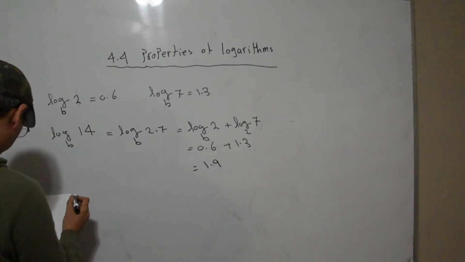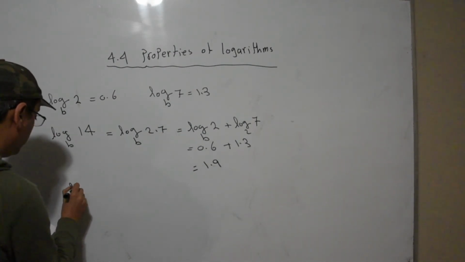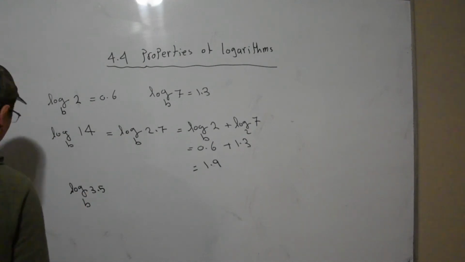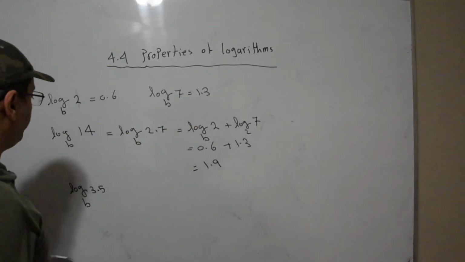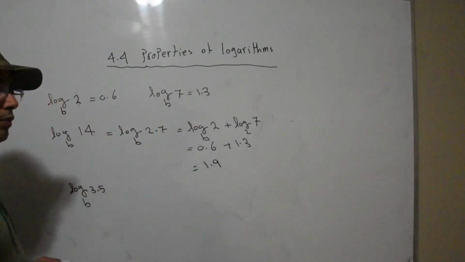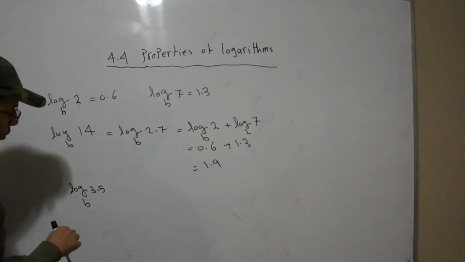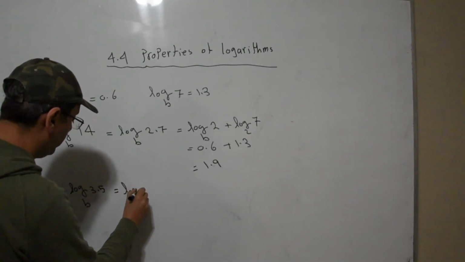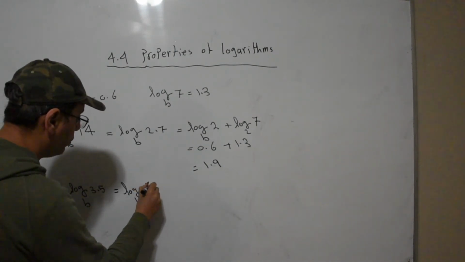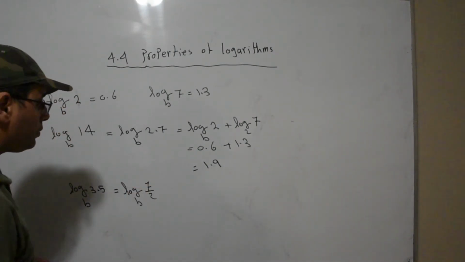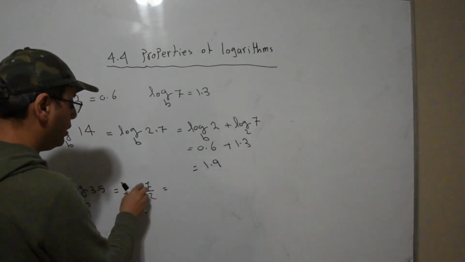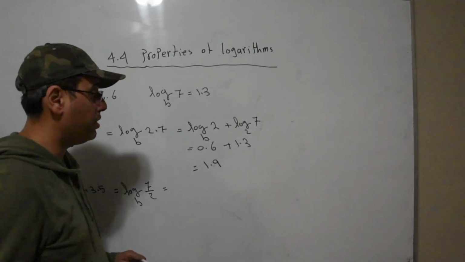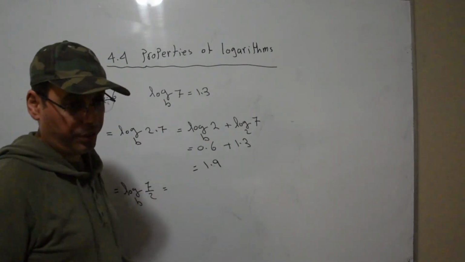One more example. I have log base b of 3.5. I don't know what to do with 3.5 here, but I know that 3.5 as a fraction is 7 over 2. I'm going to write it down as log base b of 7 over 2. And now again, this is a division, so should that be expanded as a sum or subtraction?